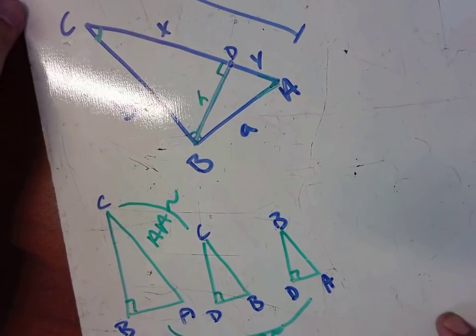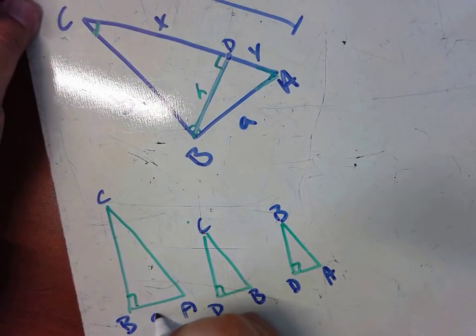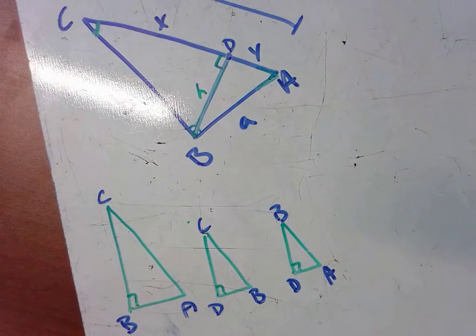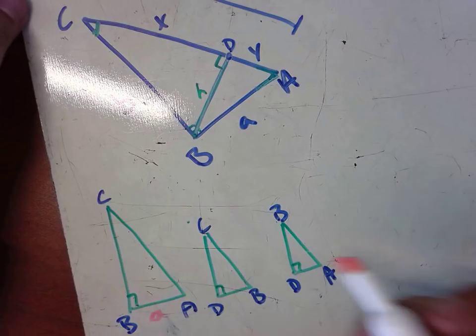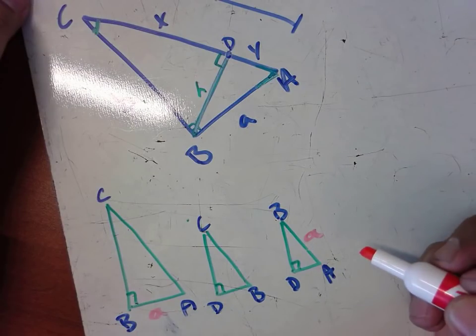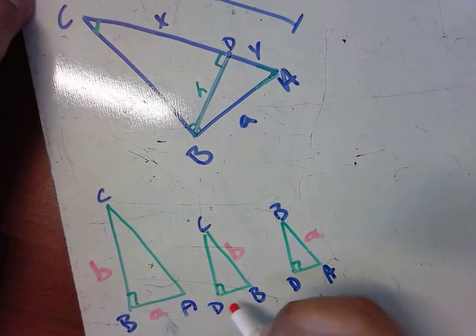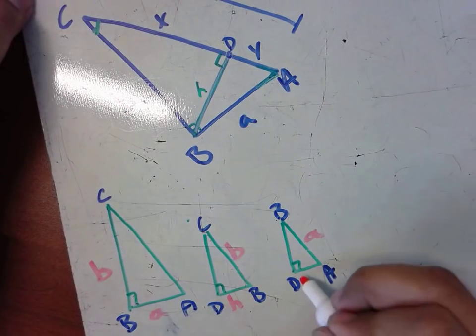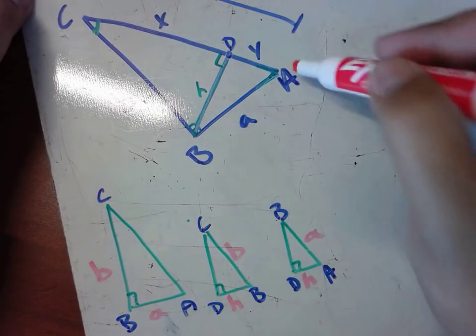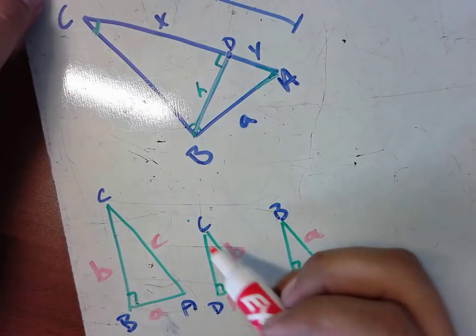And now we're going to write a ratio of the sides. Label the sides. This was A. See if I can find a different color. This was A. BA is A. BC is B. DB is H. And CA is C. CB, that's B. CD.